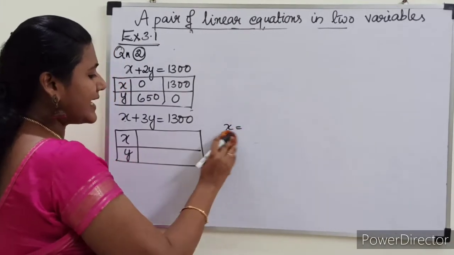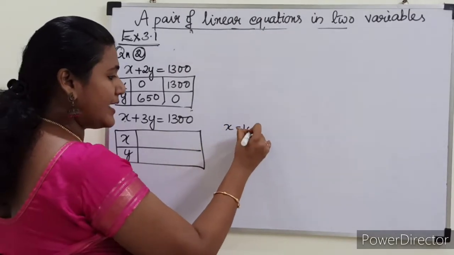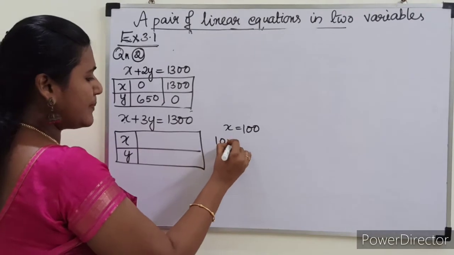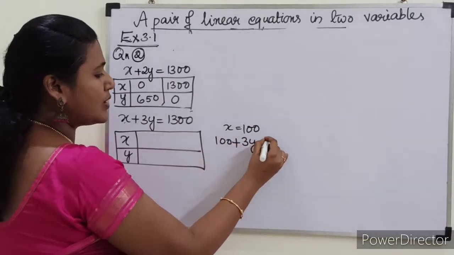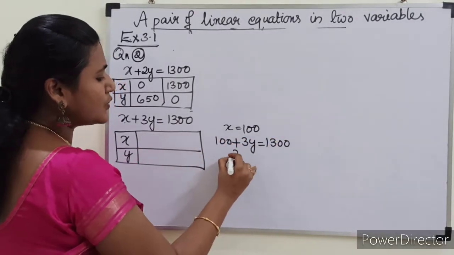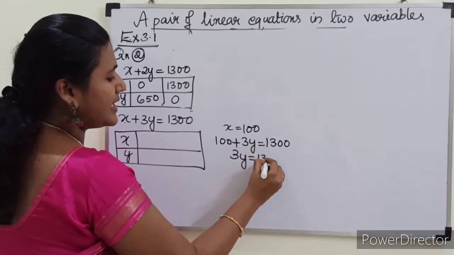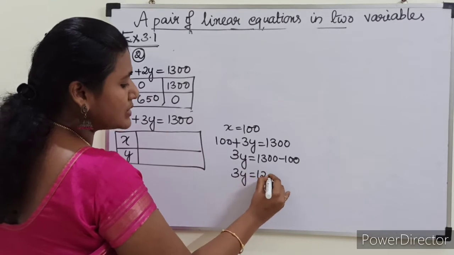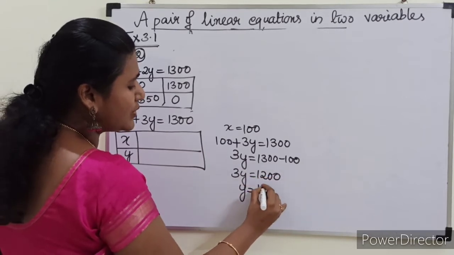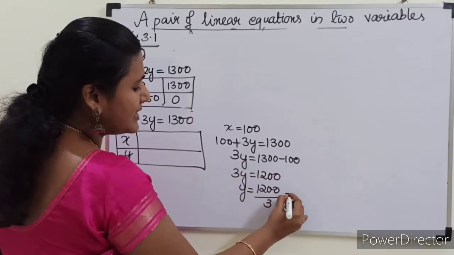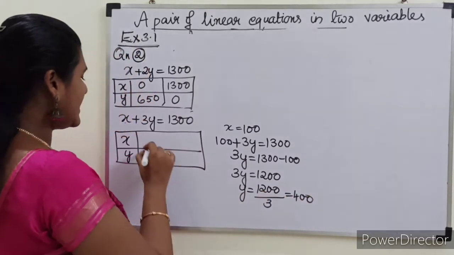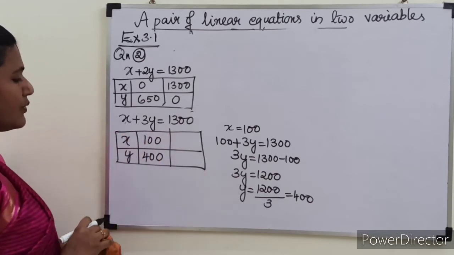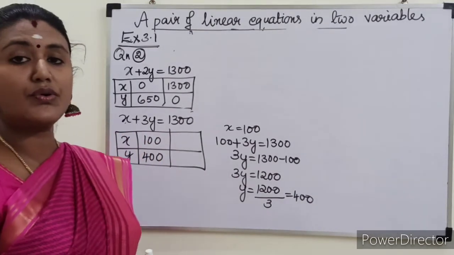So we will not take this value, we will take another value, that is x is equal to 100 here. So 100 plus 3y is equal to 1,300. So 3y is equal to 1,300 minus 100, that is 3y is equal to 1,200. So y is equal to 1,200 by 3 is equal to 400. So we got the first solution as x is equal to 100 and y is equal to 400.